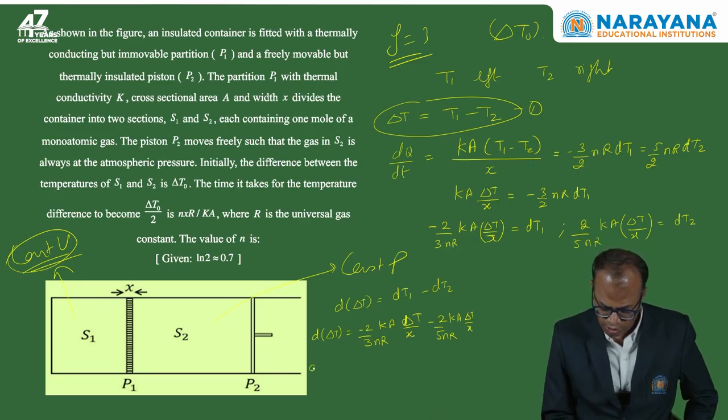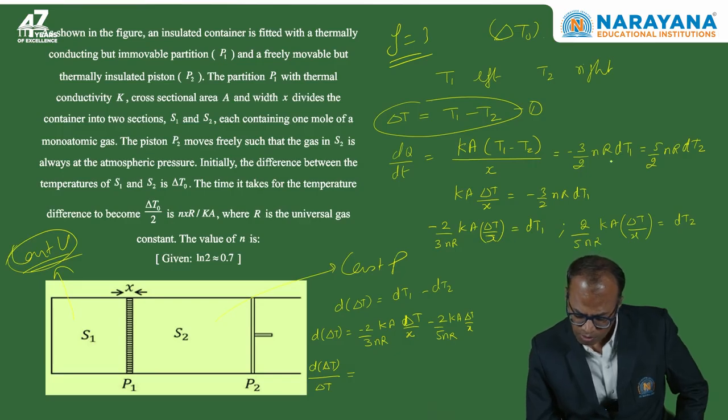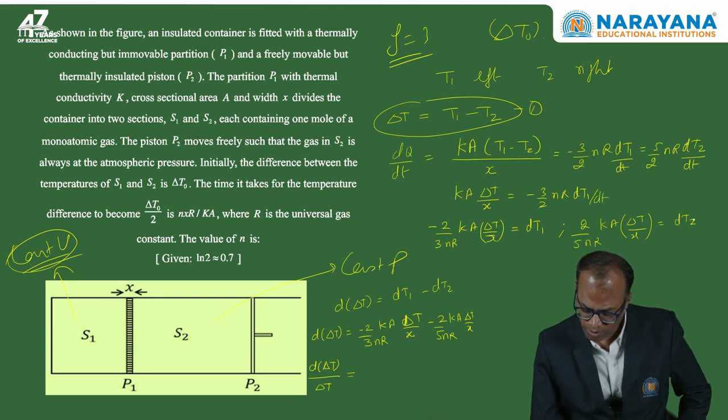Okay, so I get d of delta T by dt, and there must be time also, na? This is d T1 by dt, this is d T2 by dt, so this is d by dt of this minus d by dt of this.